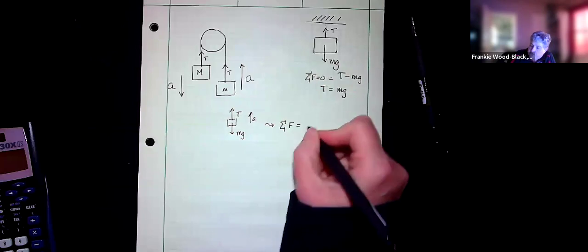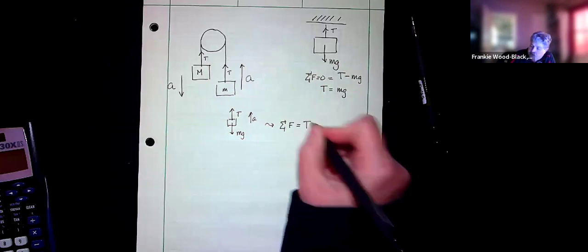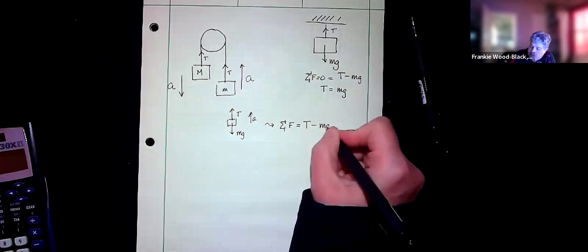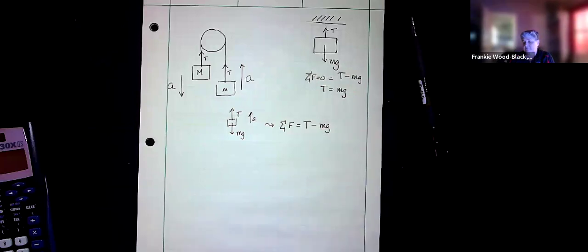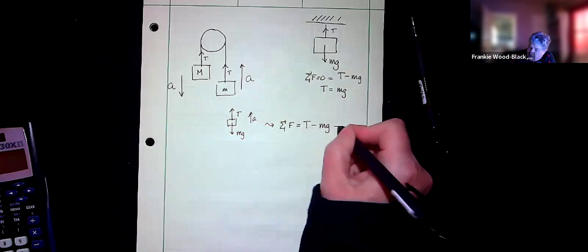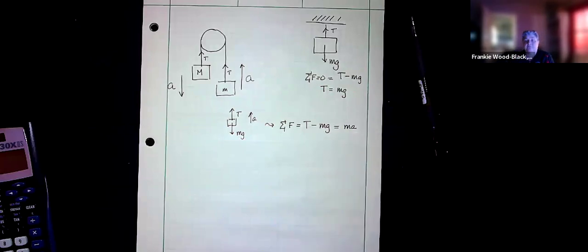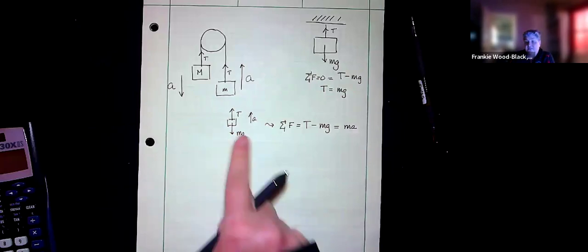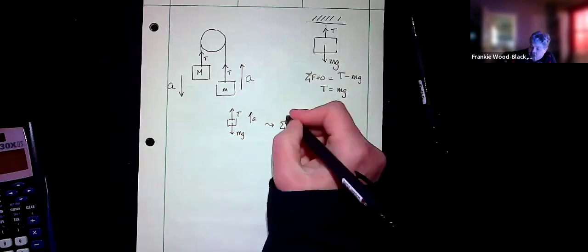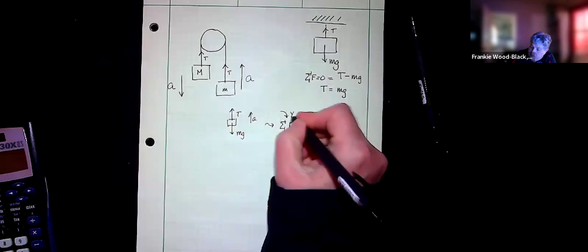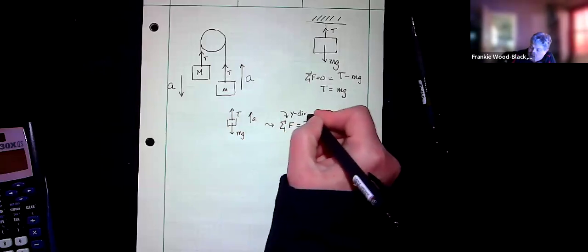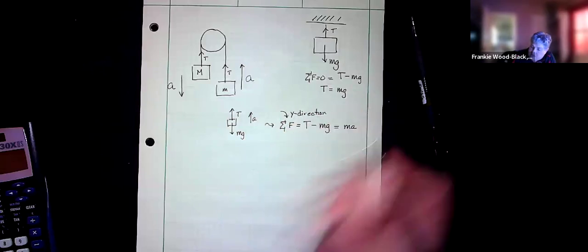The sum of the forces is going to equal the tension minus my weight. But my forces are going to equal the little mass times acceleration. Now, these are still vectors. This is in the y direction because we're going to come back and look at our direction and our vectors in just a second, but this is in the y direction.